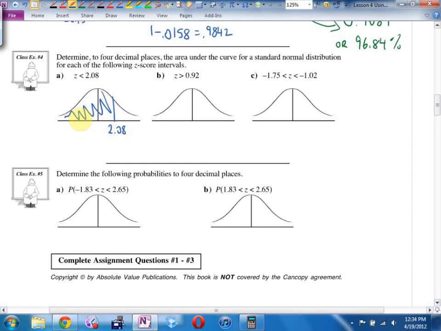So this I can get straight from my table. What is the z-score area associated with it? Find from the table 2.08. 0.9812. Is that right? By the way, did they say in this one they wanted me to change it to a percentage? In the instructions? No, I'll leave it as decimal.